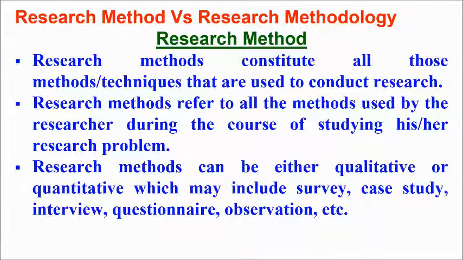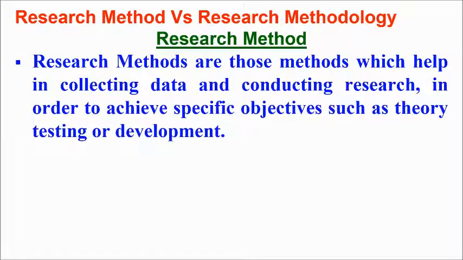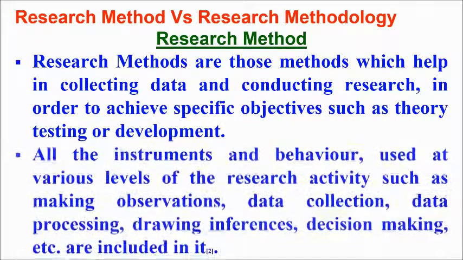Research methods can be either qualitative or quantitative, which may include survey, case study, interview, questionnaire, observation, etc. Research methods are those methods which help in collecting data and conducting research in order to achieve specific objectives such as theory testing or development.